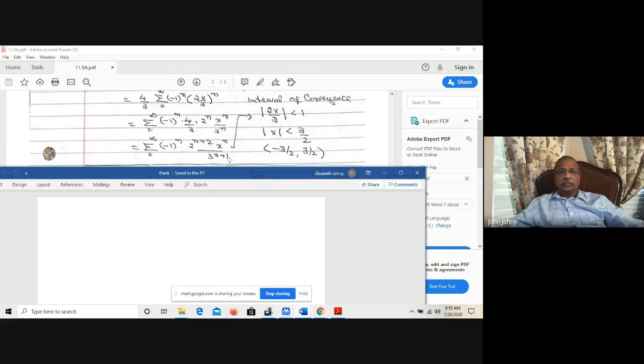So that is the power series expansion for the given function.